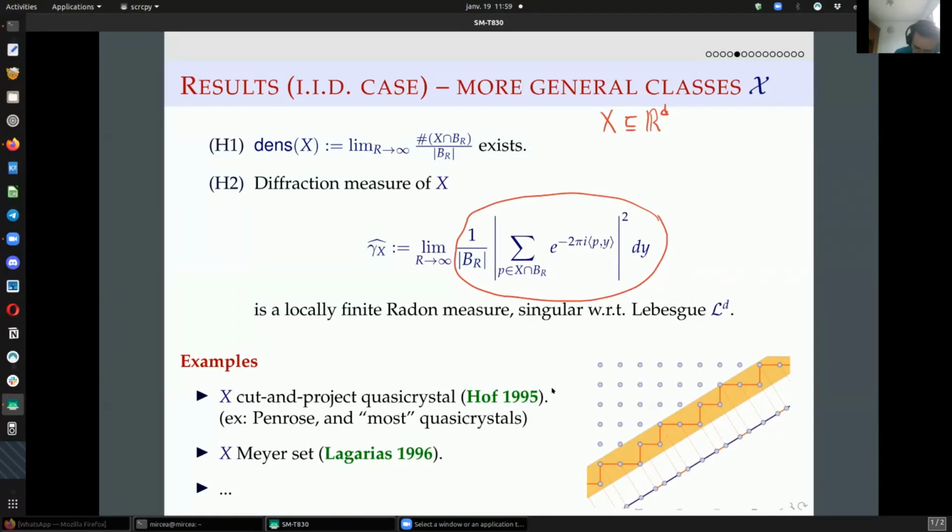All of this is part of what is called mathematical diffraction theory, and I can mention the book Aperiodic Order. It has 2 volumes, which we were studying together. This is by Baake and Grimm.